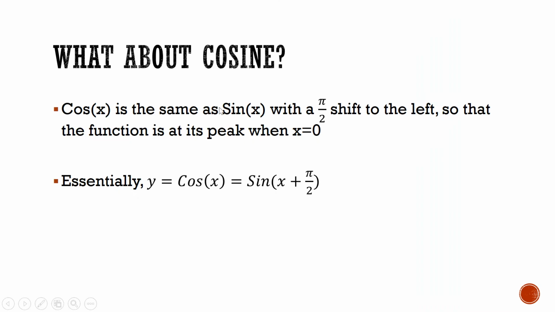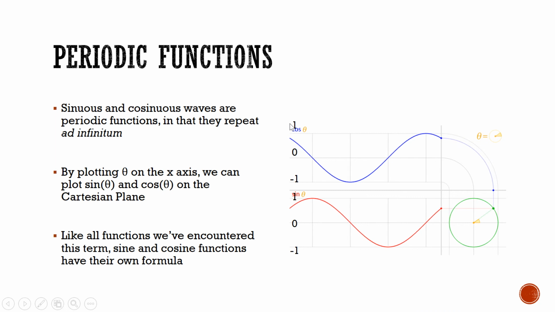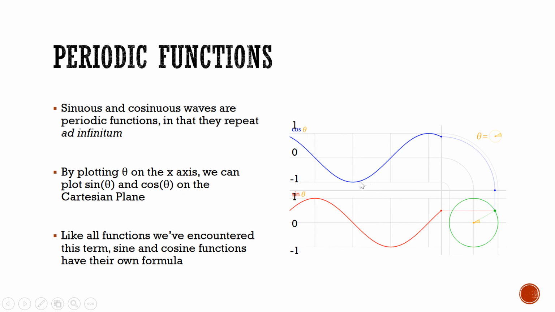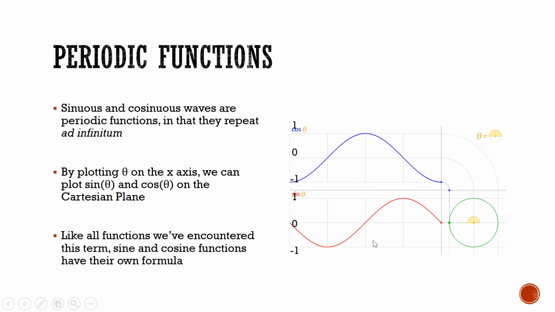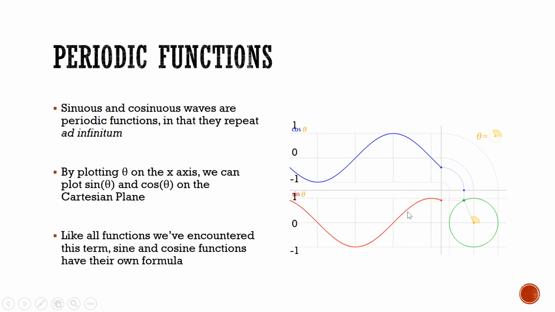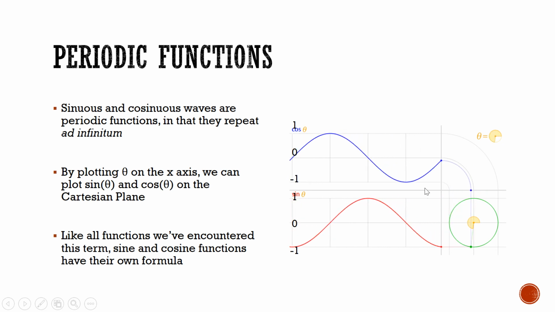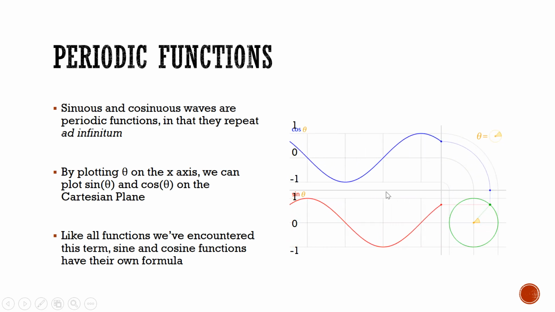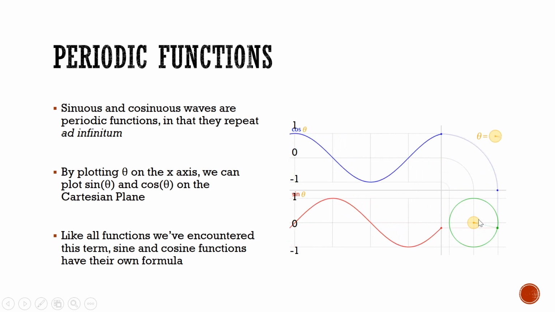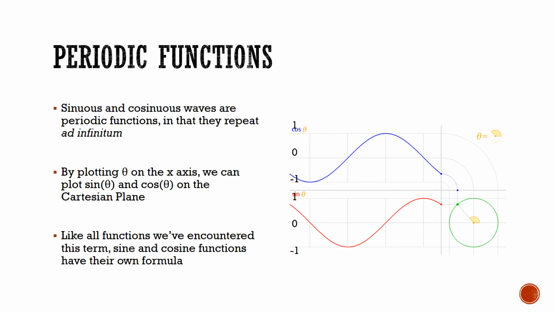So about cosine, if we go back up here, cosine is just pi over 2 behind sine. So if we look at them here and get to 0, you'll see that cosine is just a little bit ahead of sine.